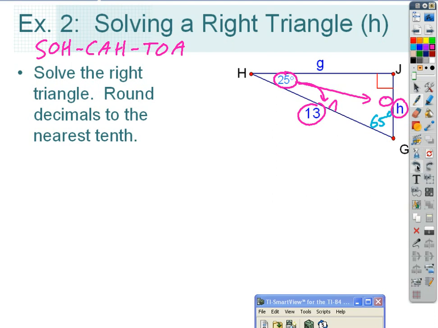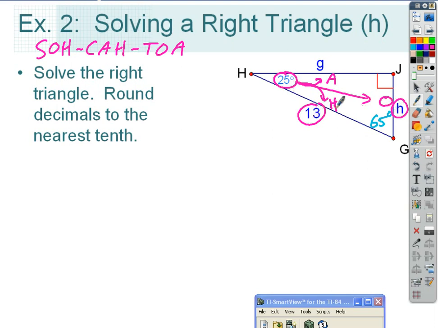Okay, so let's calculate that. So then what's that tell us? Sine of 25 degrees, which is just a number, our calculator will tell us, right?